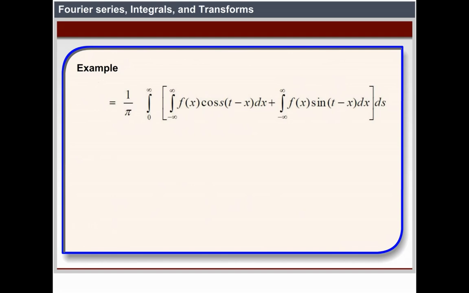Here we have written inside the bracket and also without bracket, which is separated with respect to x as well as ds.